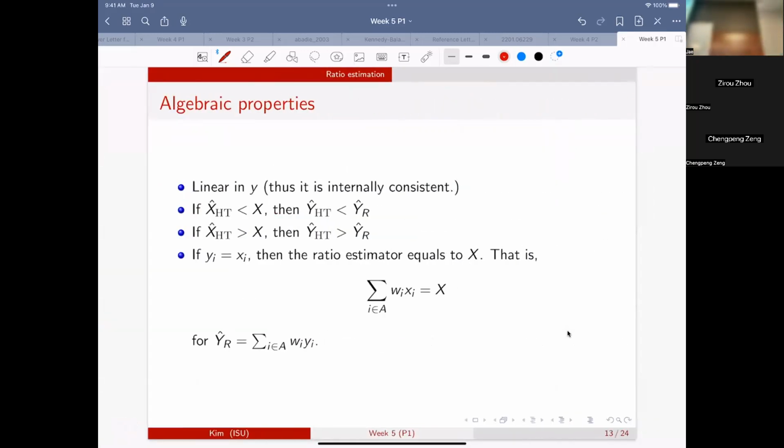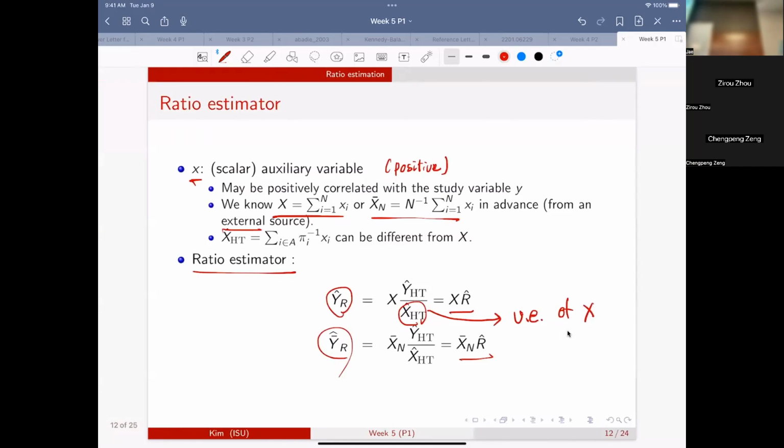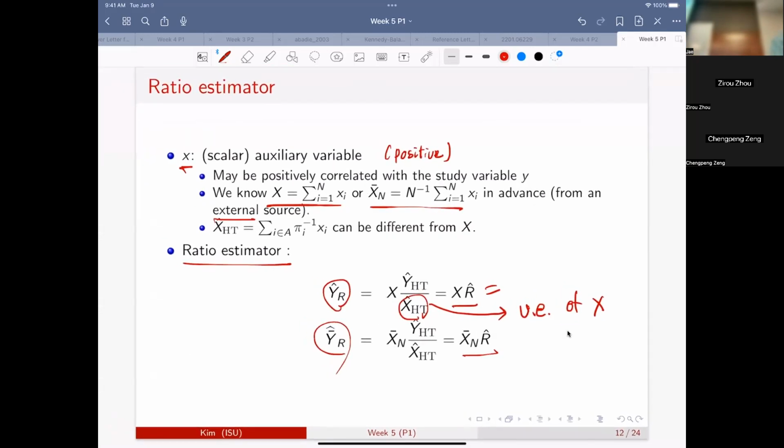So first of all, here are some algebraic properties. Linear in y: you can write it as the sum over i of 1 over pi_i, times x divided by x hat Horvitz-Thompson, times y_i. The Horvitz-Thompson estimator is this one, and then you have this ratio applied.